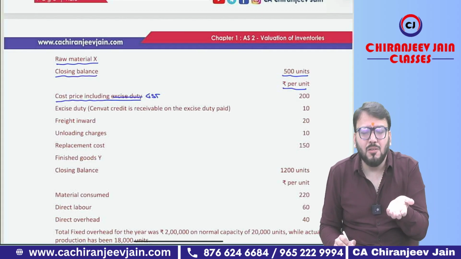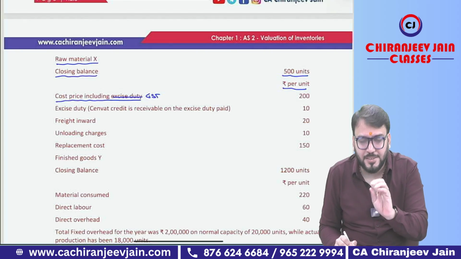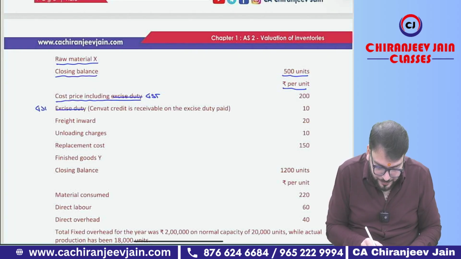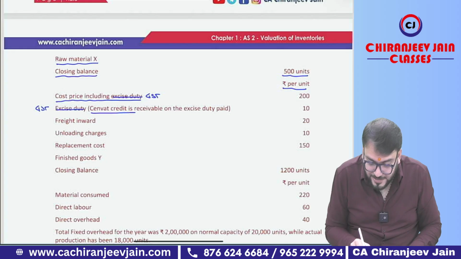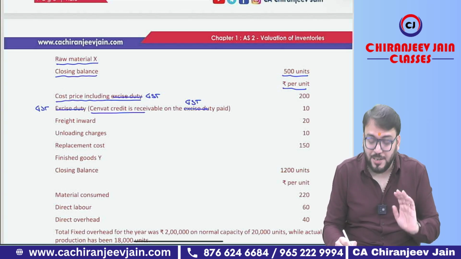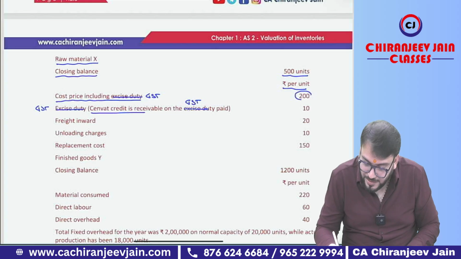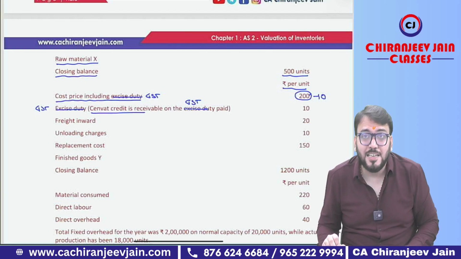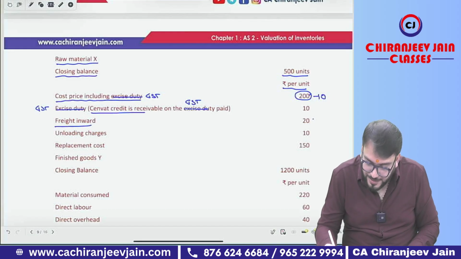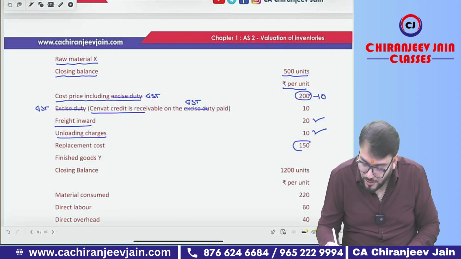Excise duty, just convert it into GST only, and credit is receivable on GST paid. So it is already receivable, meaning refundable. Can you see this 200 is inclusive of this rupees 10? So you deduct it, because any refundable tax will not be added. Freight inward will be added, unloading charges will be added, and replacement cost they have given 150.